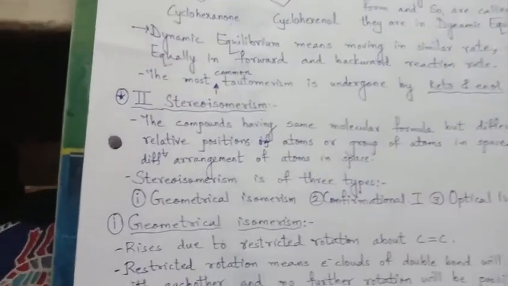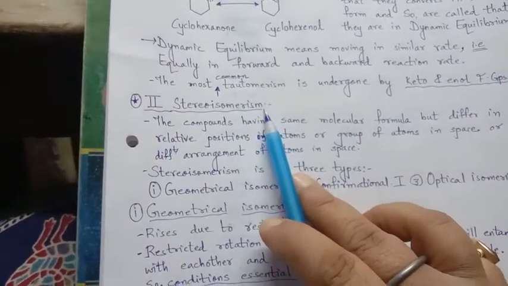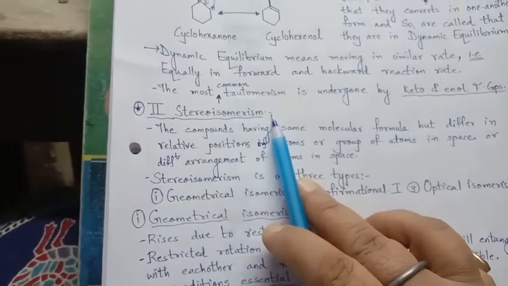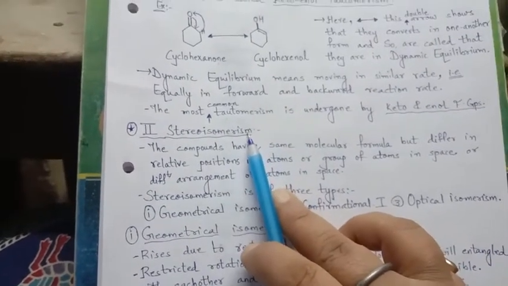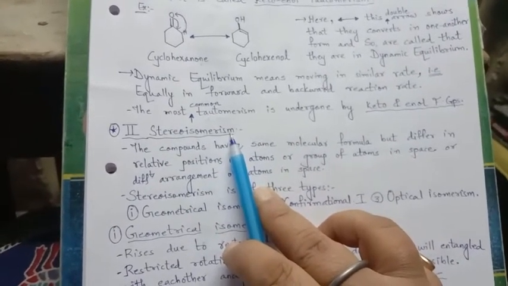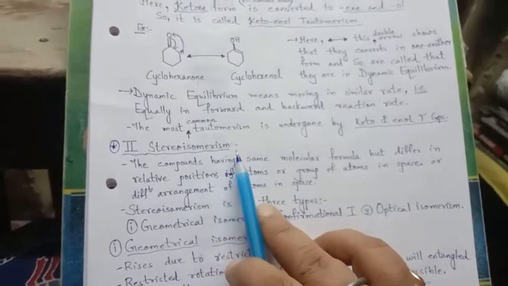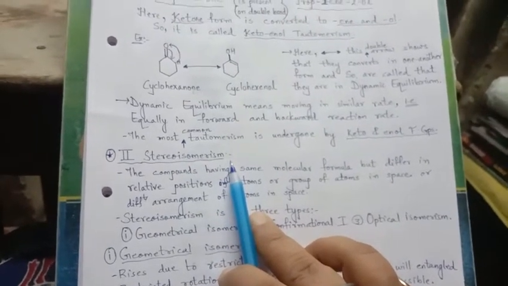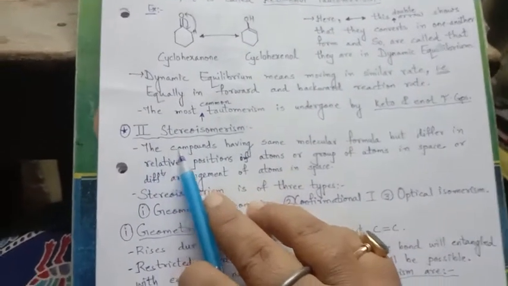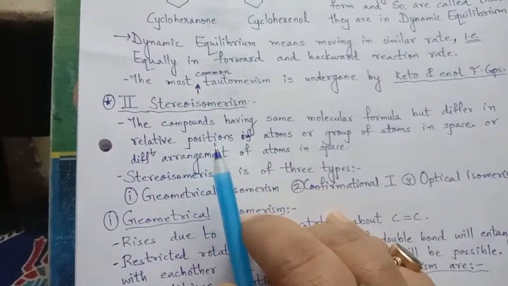And now the second type of isomerism. Recall the very first classification: isomerism has 2 basic types, structural and stereo. Under structural we have covered 5 types: chain isomers, position isomers, functional group isomers, metamers, and tautomers, that is tautomerism. And now the second type is stereoisomerism. What is stereoisomerism?